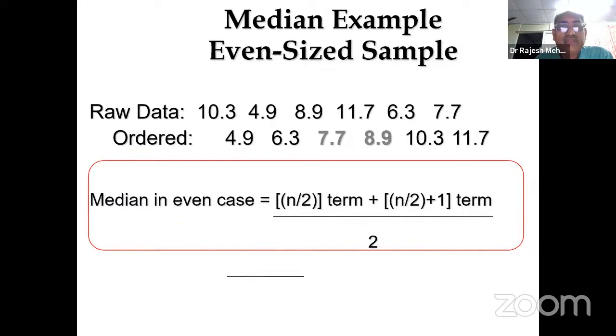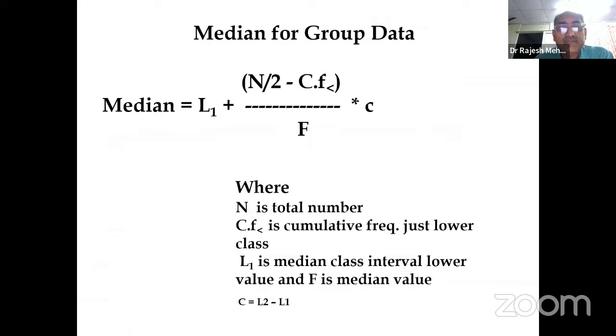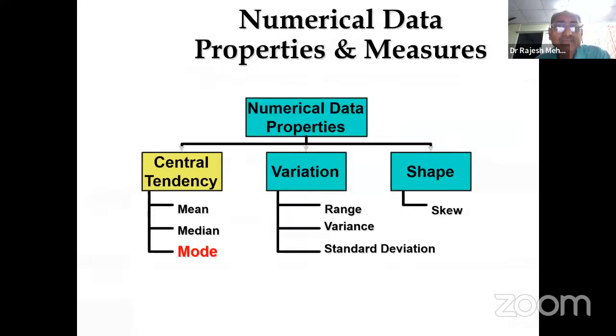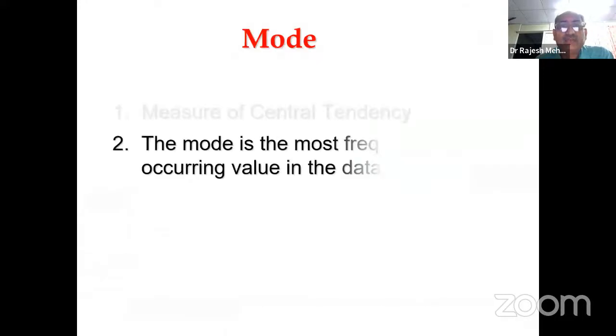This is a simple one, so I'm skipping very fast. There are two middle values, so it is divided by two, and that will give you the median. And mode is the most frequently occurring value.